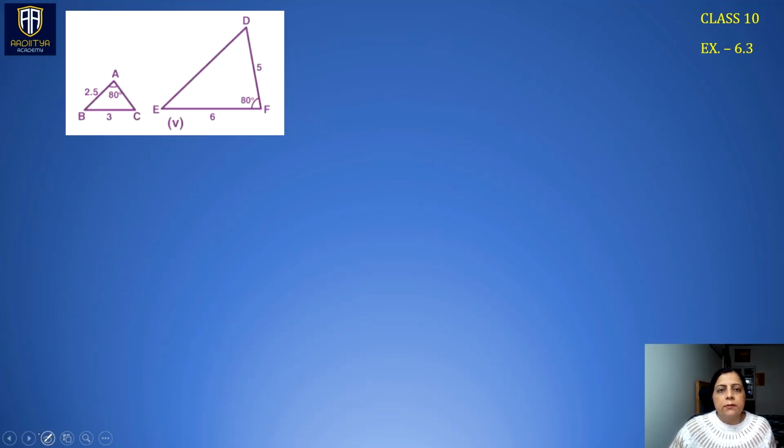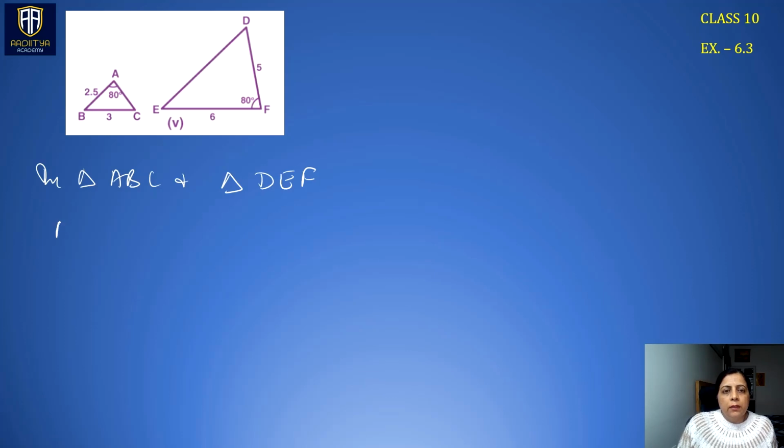The next part is we have triangle ABC and triangle DEF. Now see, here AB is 2.5, right, and DF is 5. So AB upon DF is 2.5 upon 5, which is 1/2.